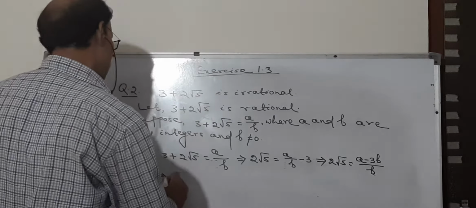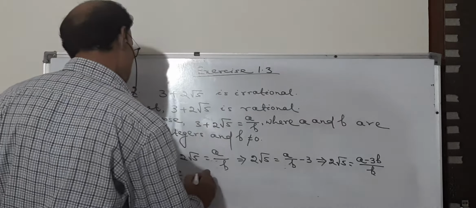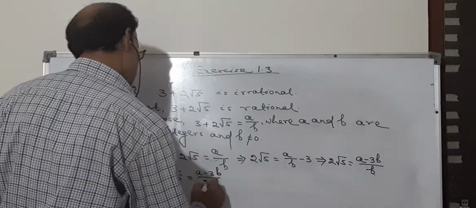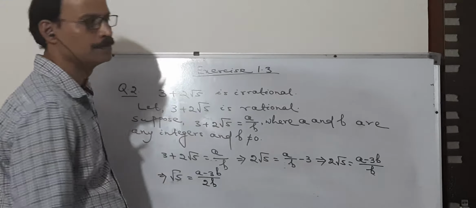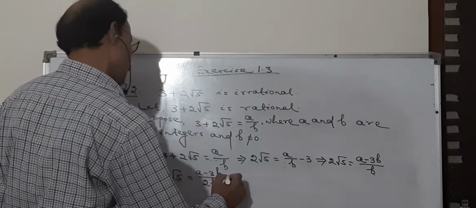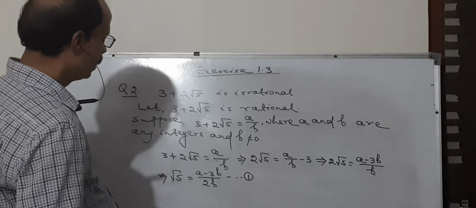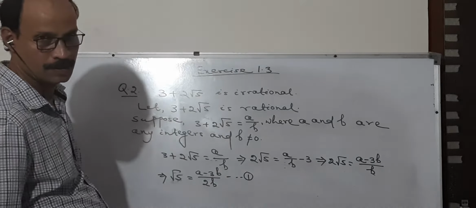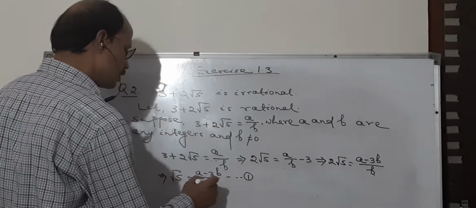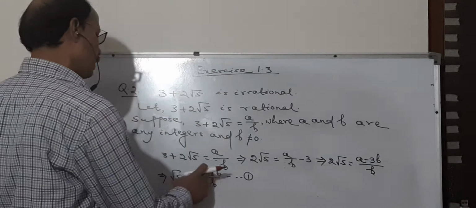It will be root 5 is equal to a minus 3b upon 2b. Okay. So it is taken as equation 1. The equation states that root 5 is equal to a minus 3b upon 2b, where a and b are any integers.